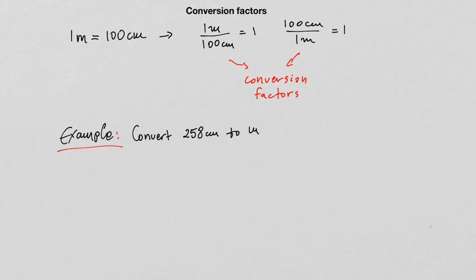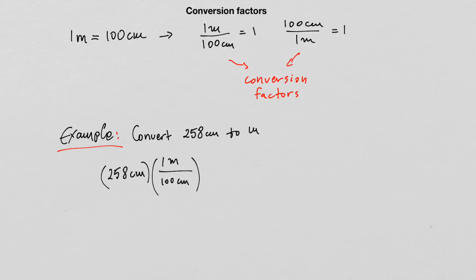So in my conversion factor, I want to select it in such a way that I can cancel out the old units, the centimeters here, and have left only the new units, which are the meters. So then based on that information, the conversion factor that I will use for the conversion is this first one right here, where centimeters are in the denominator, those are the old units, and meters are in the numerator, those are the new units.